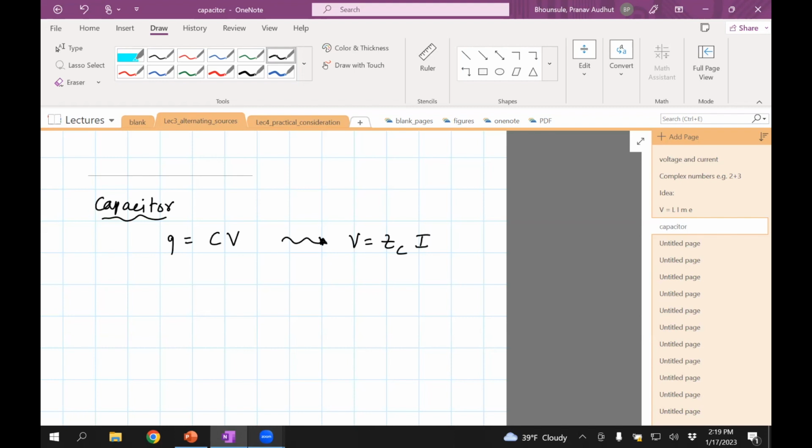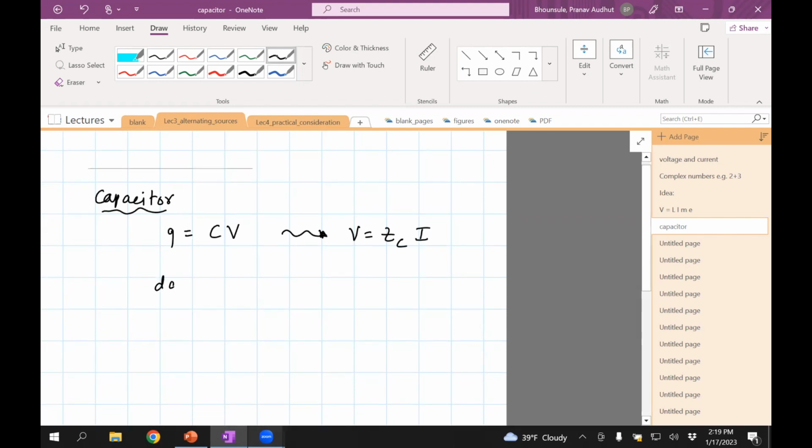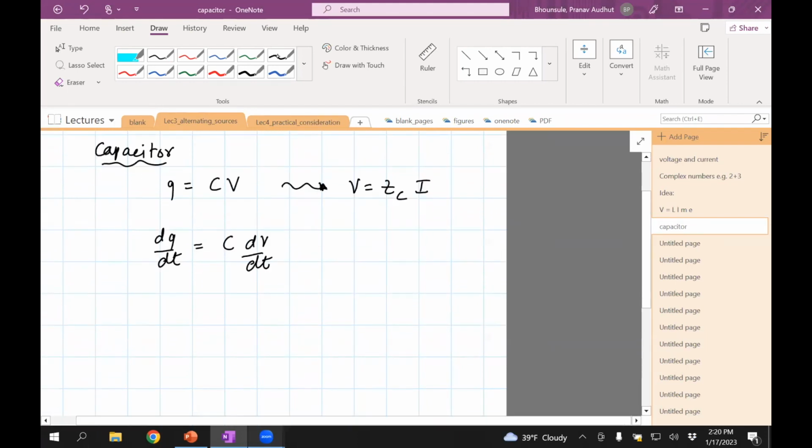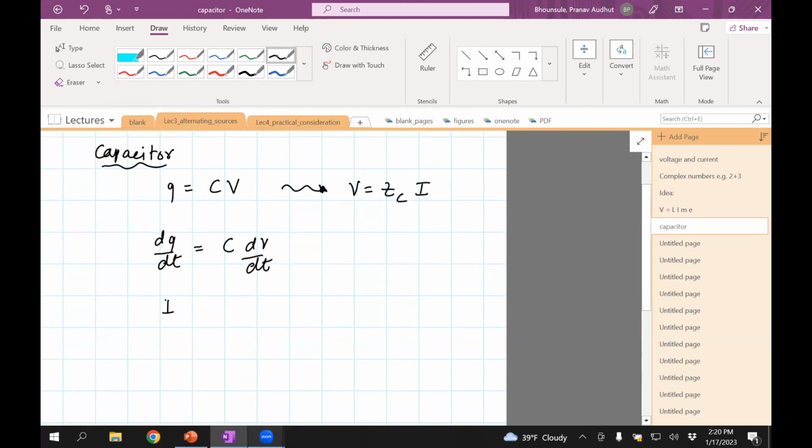In order to get this, let's differentiate this expression. So we have dq/dt is C dv/dt. C is a constant, so it stays, and we get the derivative of V, which means that I equals C dv/dt.